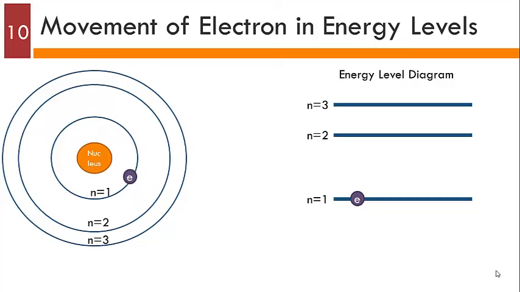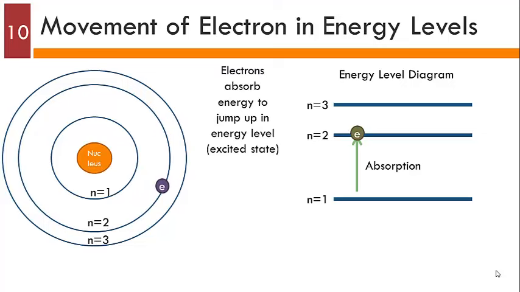The next question is about the movement of electrons between energy levels. So here I have a Bohr model of the atom with 1 electron orbiting the nucleus. That's in the first energy level. Now that electron can absorb energy, causing it to jump up in energy level to the excited state.